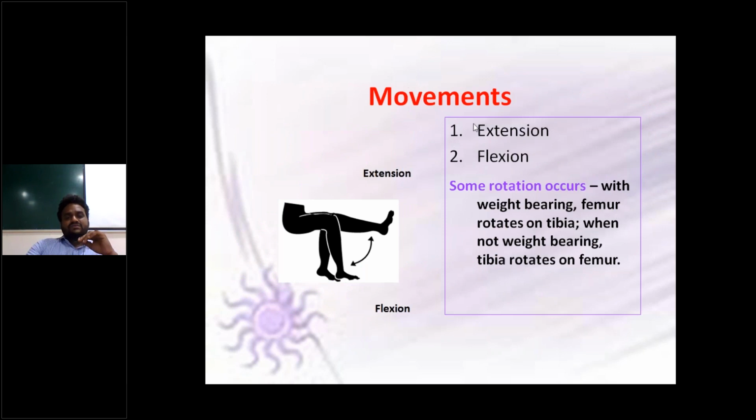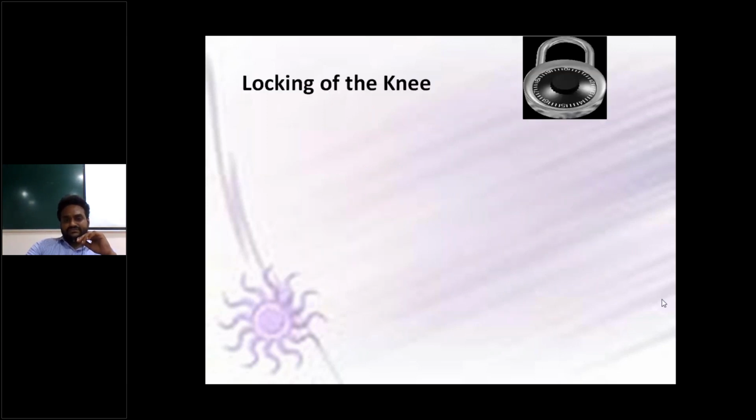Usually the movements we can see at the knee joint are extension, flexion, and limited medial and lateral rotations, not full rotations.